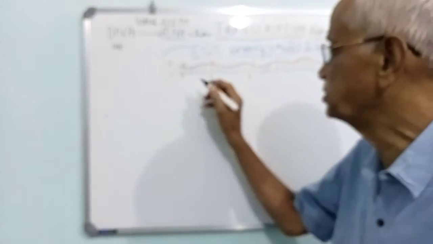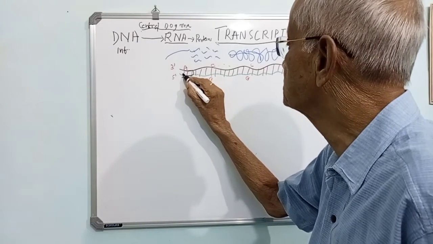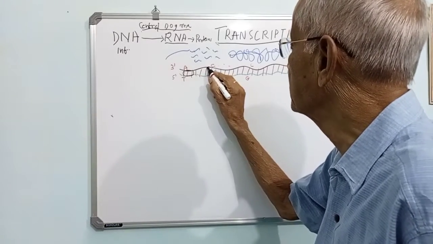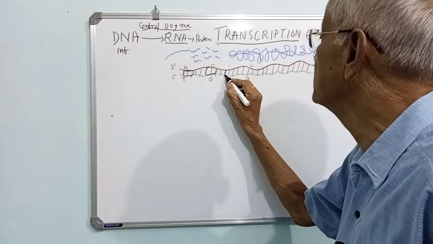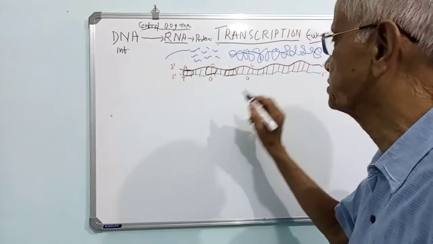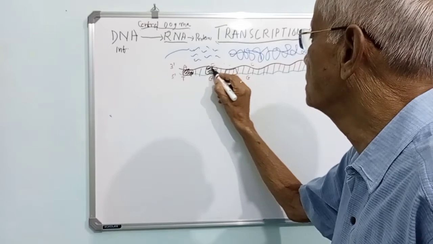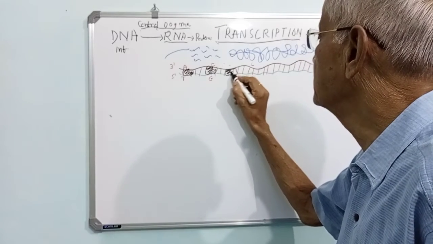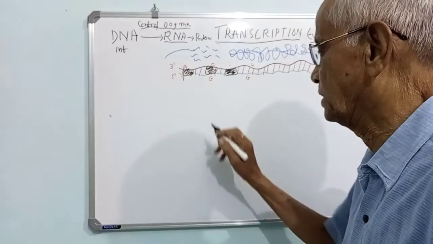Scientists have recognized that there are some important areas on the DNA molecule which are essentially used for the activity of transcription. These areas are called the areas for initiating the transcription.